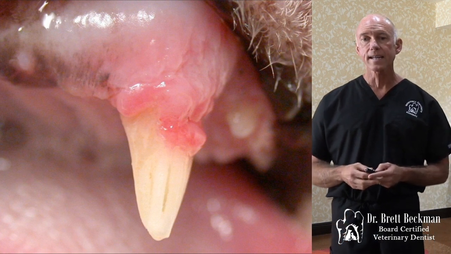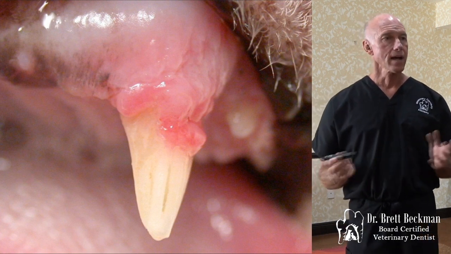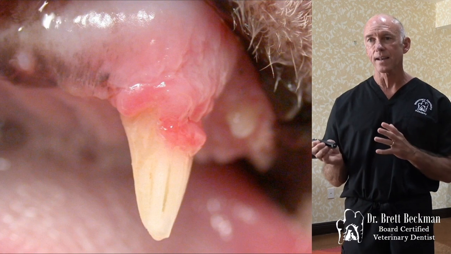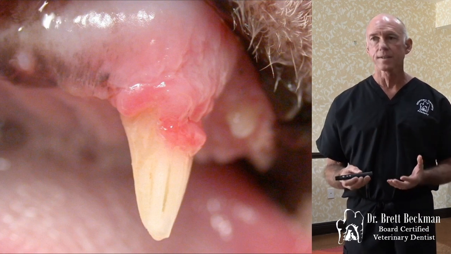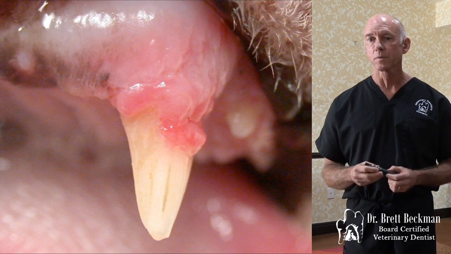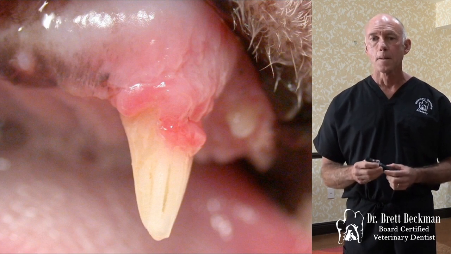So the canine teeth, not unlike the rest of them, we start to get that involvement with the crown. Gingiva grows into the area that's been destroyed by the resorption, and we start to get discomfort.